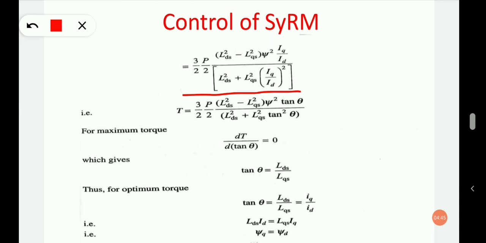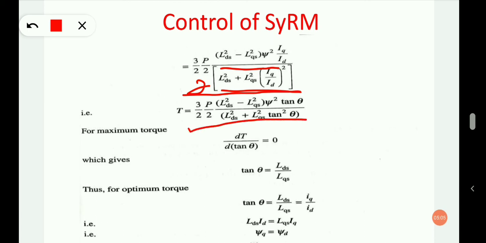Next, 3/2 × P/2 (LDS square minus LQS square) psi square IQ by ID, and in the denominator (LDS square plus LQS square (IQ by ID) bracket square).